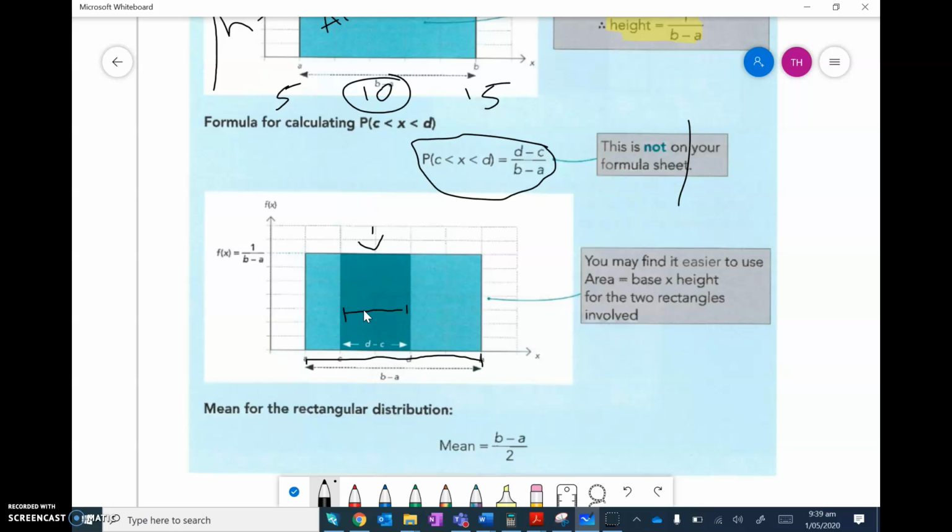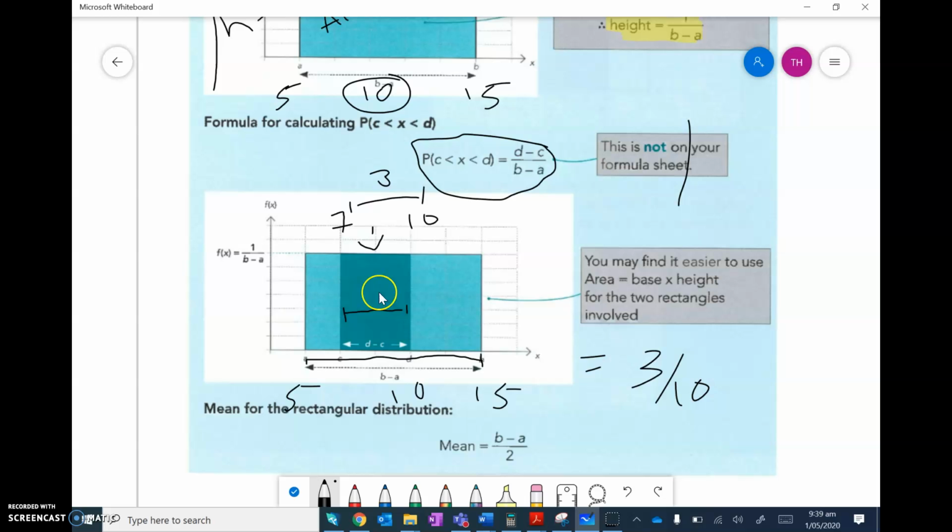So if this was 5 and this was 15, then again my base would be 10. And if this value here was 7 and this value here was 10, my length here would be 3. So my probability of this section would be 3/10, because it's 3 sections out of the 10 sections.